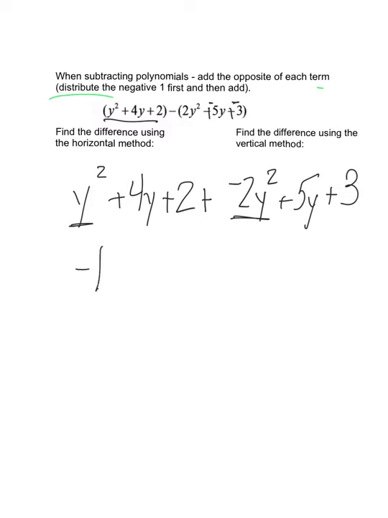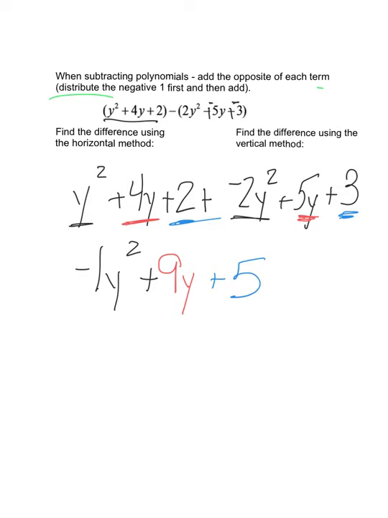So -1y squared plus, these two are like terms, 9y. These are like terms, plus 5. So that is horizontally.